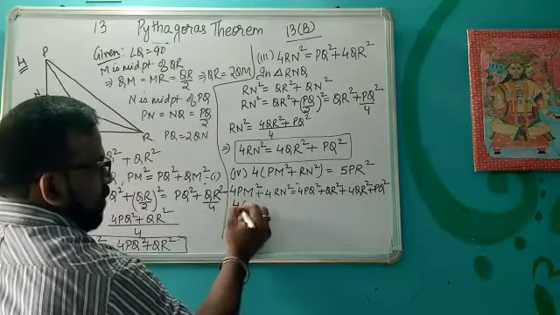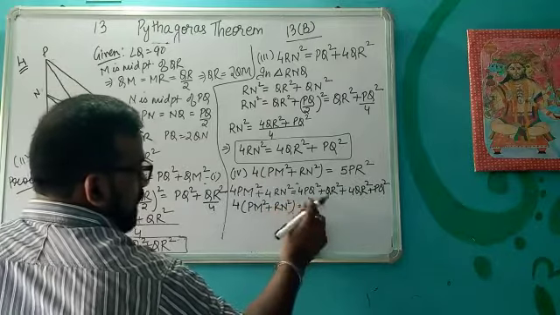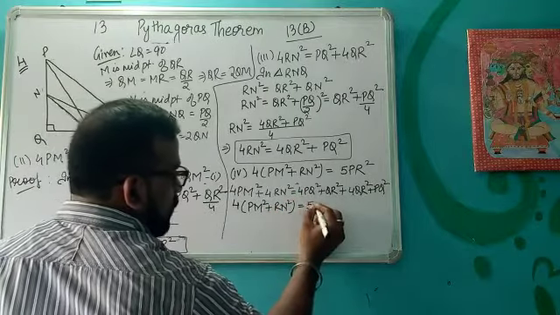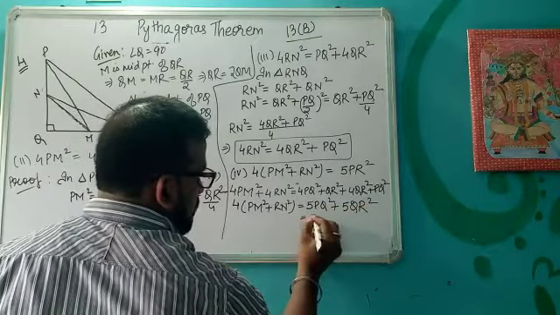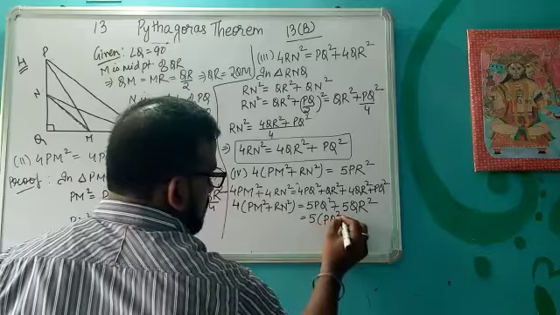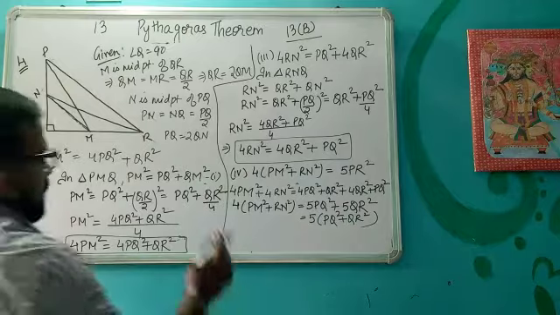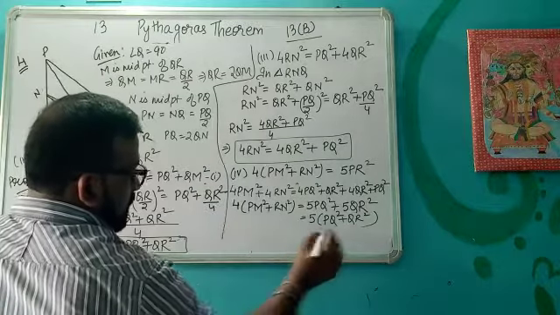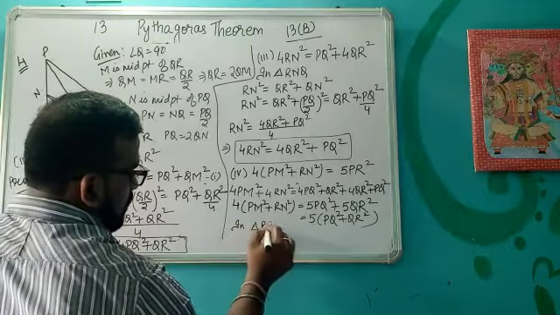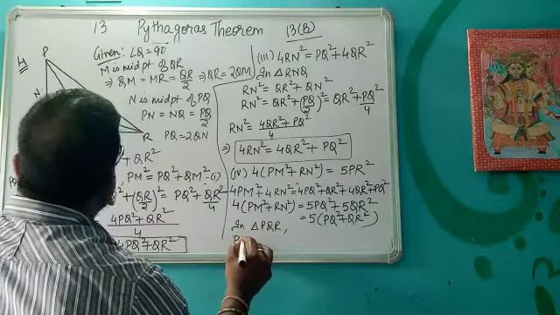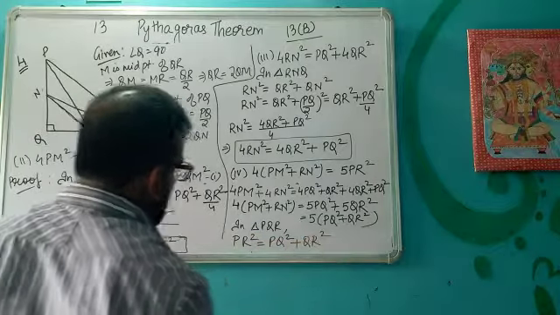So 4 I will take common, PM square plus RN square, and here 4 PQ square plus PQ square will give you 5 PQ square and 5 QR square, that is 5 times PQ square plus QR square. And actually, if we take this big triangle PQR, in triangle PQR, what we know? PR square is equal to PQ square plus QR square.